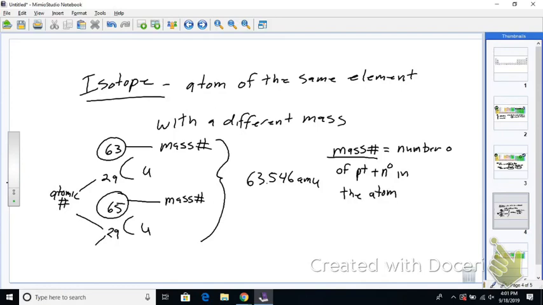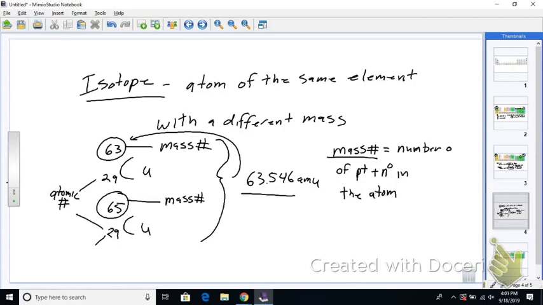Okay, so let's step back and look at this. We have 2 different atoms that make up a sample of copper that we can look at. If you notice, there's 63 and 65. This 63.546 is closer to 63 than it is to 65 when you compare that number representing the weight.